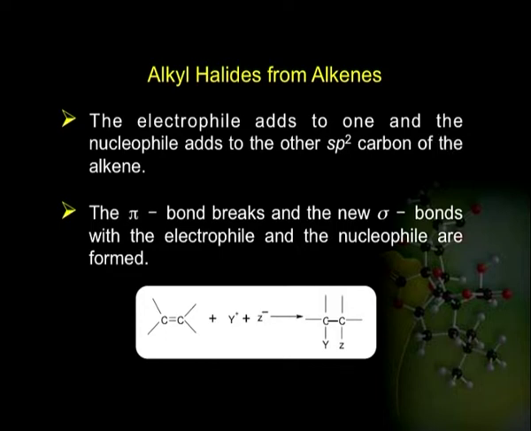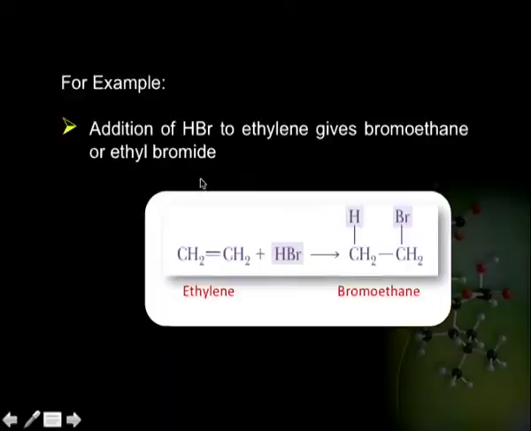So, in the first step actually the pi bond breaks and the new sigma bonds with the electrophile and the nucleophile are formed. So, both the ions are attached to the alkene and we get the formation of alkyl halide. An example of addition of HBr to ethylene to give bromoethane or ethyl bromide can be seen here.